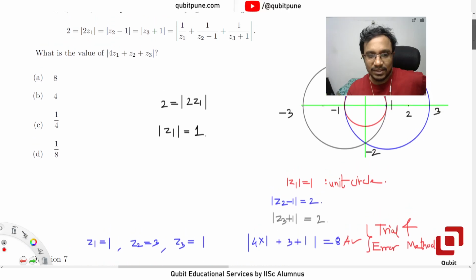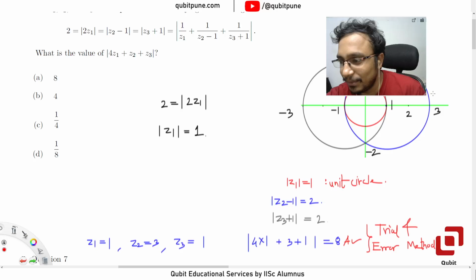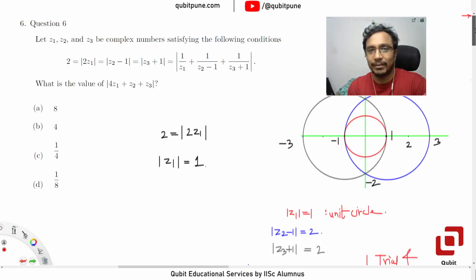I did try many combinations, but this seemed to have worked. I noticed that this 2, I will divide as 1/2 and 1/2 like this. So I luckily managed to get it.